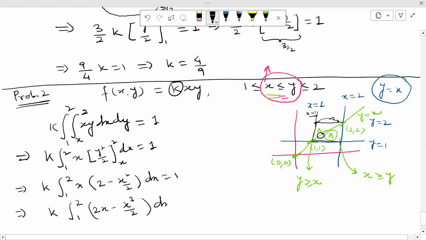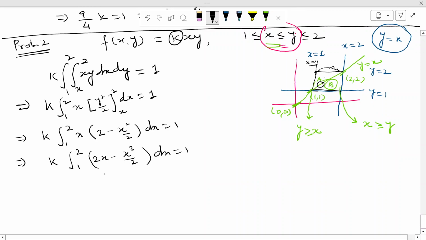We have to perform the integral with respect to x, and we know that the value is coming out as 1. The integral of 2x is x square, and the integral of x cube by 2 is x to the power 4 over 8, with limits 1 to 2.